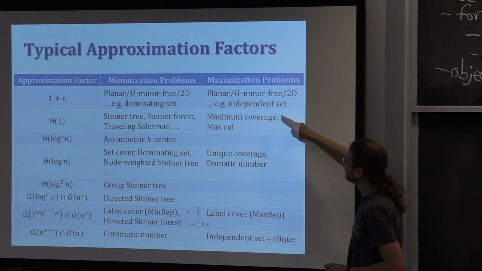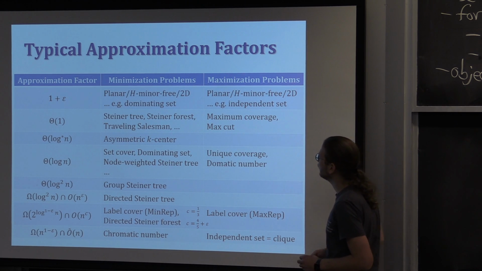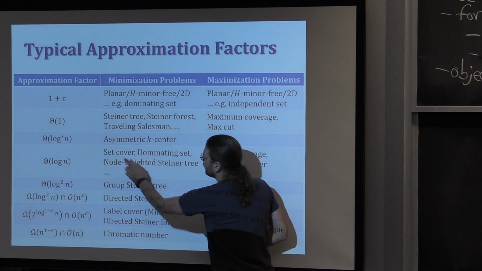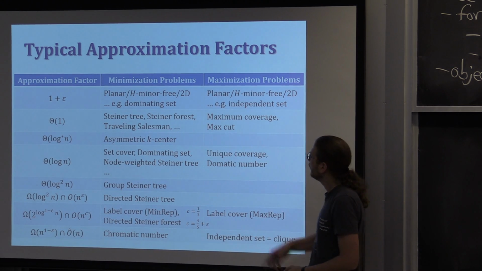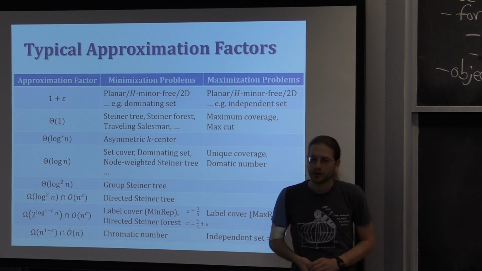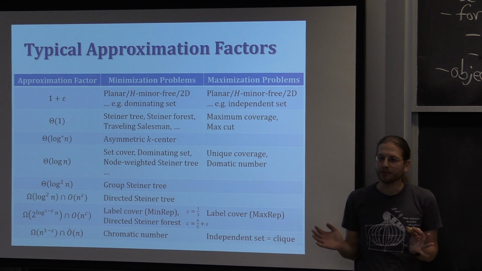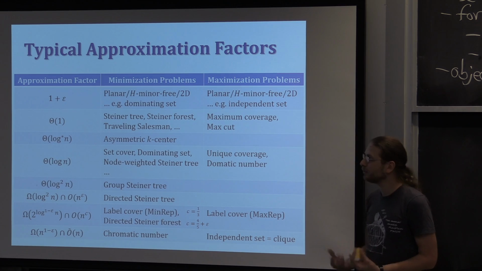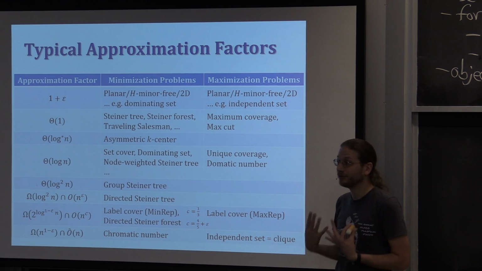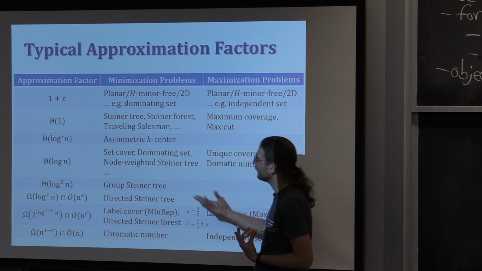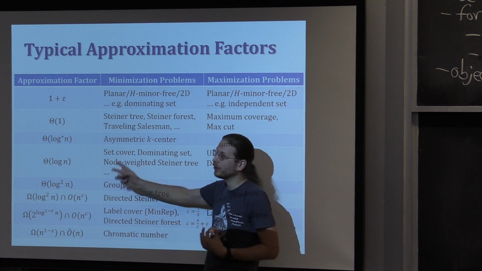One other fun one to think about is set cover. You want to choose the fewest sets to hit all elements. Maximum coverage: you don't have to hit all the elements, but you want to hit as many elements as possible using k sets. In the decision problem, these are the same in some sense. Here, I give you k sets, and I want to know, can I hit all the elements?